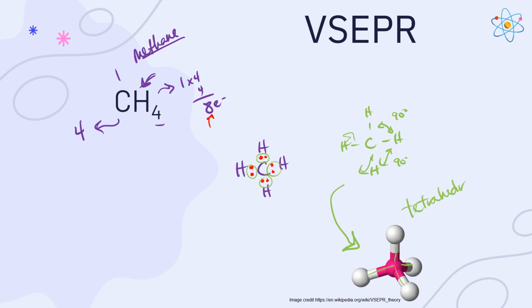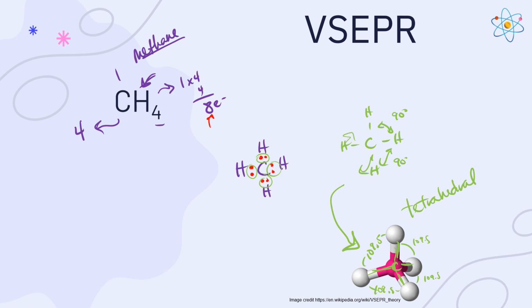tetrahedral because on my central carbon, there's 1, 2, 3, 4 legs. To spread them out evenly in three-dimensional space, we're going to end up with bond angles of 109.5, 109.5, here 109.5, and here 109.5. So this will be symmetrical in three-dimensional space.